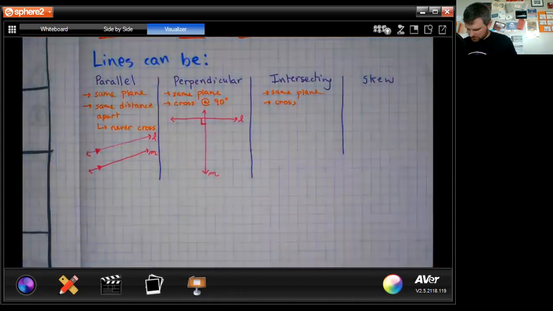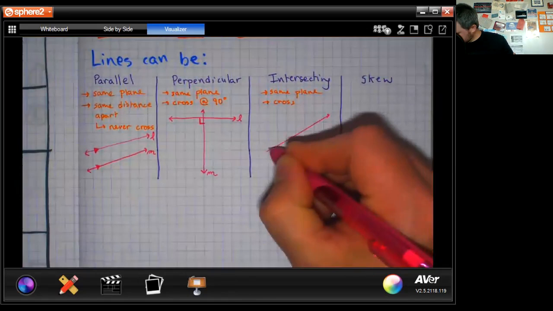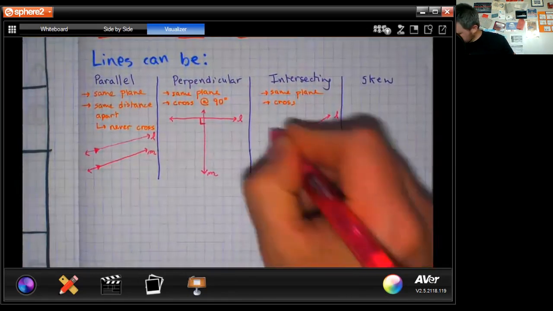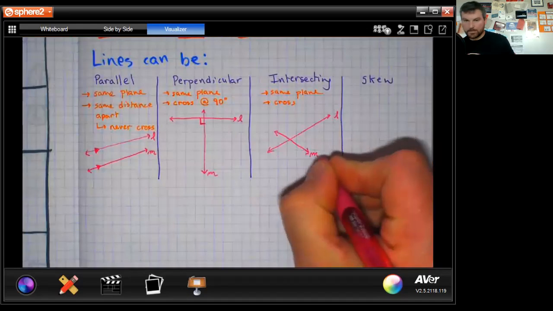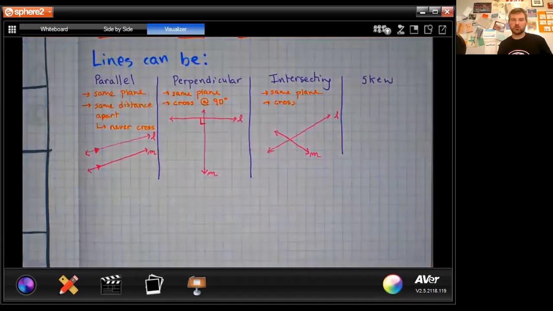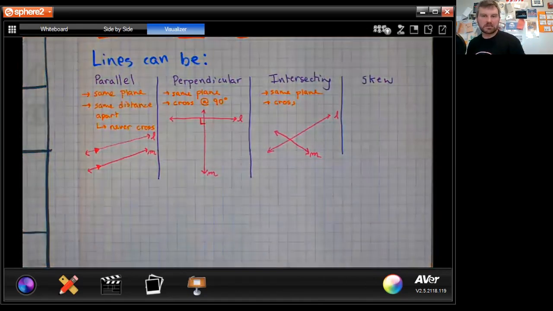Okay, so let's look at a picture. So I've got this line L, and it's going to cross here with line M. Okay, they cross. There's no right angle. There's no triangles to denote parallel. They're just crossing, intersecting at some point. Doesn't matter where.